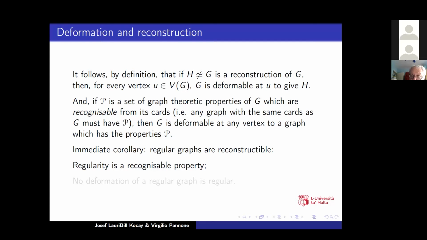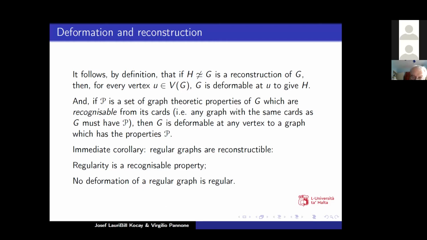But there is no deformation of a regular graph which is still regular. So we cannot deform from G to get a different graph H. This point is basically the starting point, for regular deformations cannot happen, maintaining regularity.